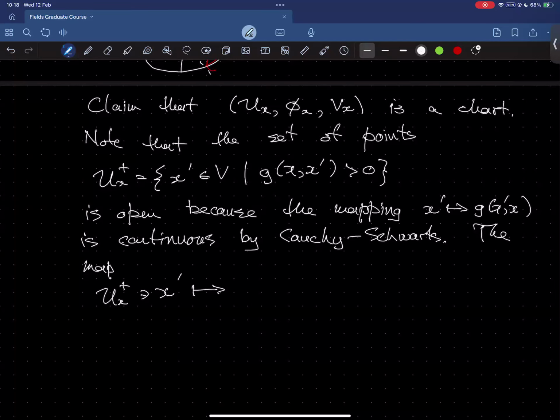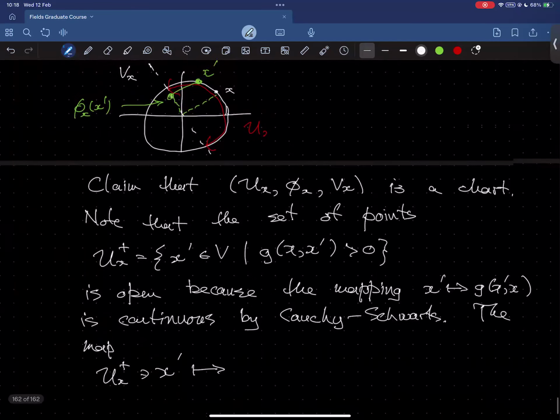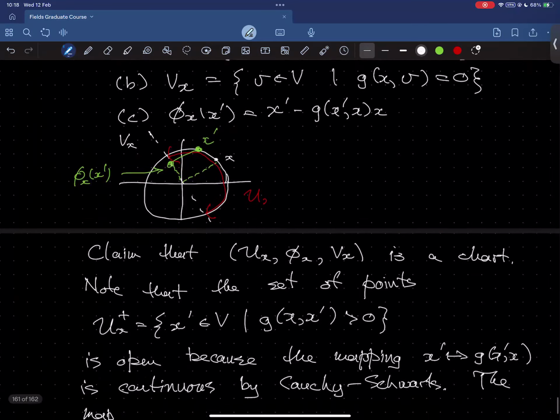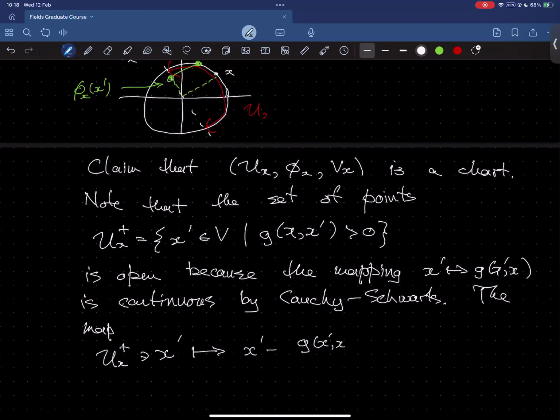Okay, so now let's take x over... okay, so here's a mapping.